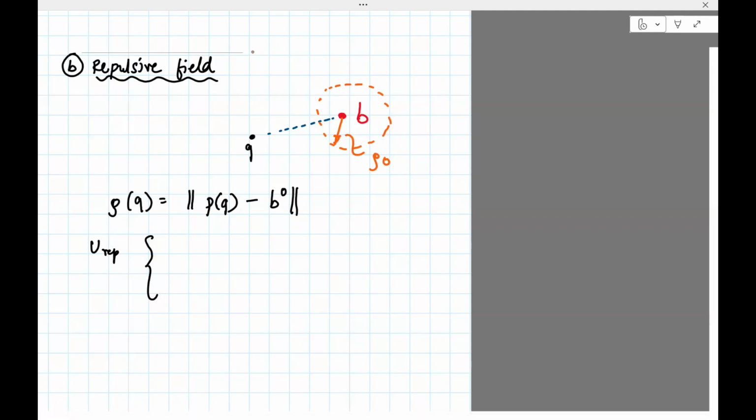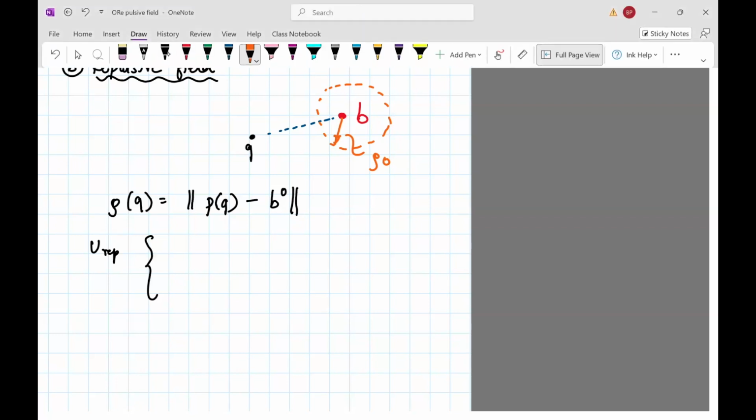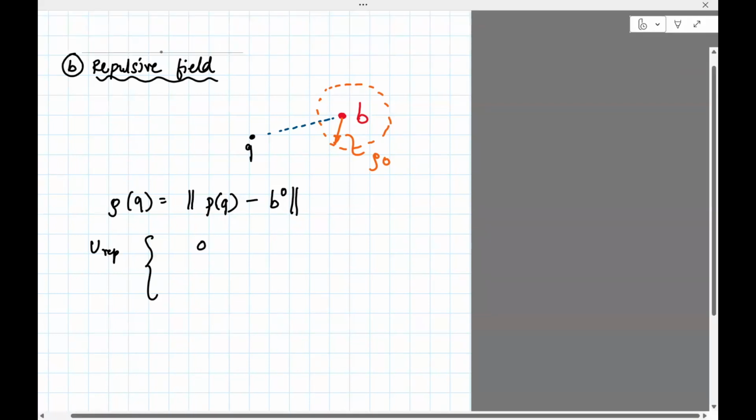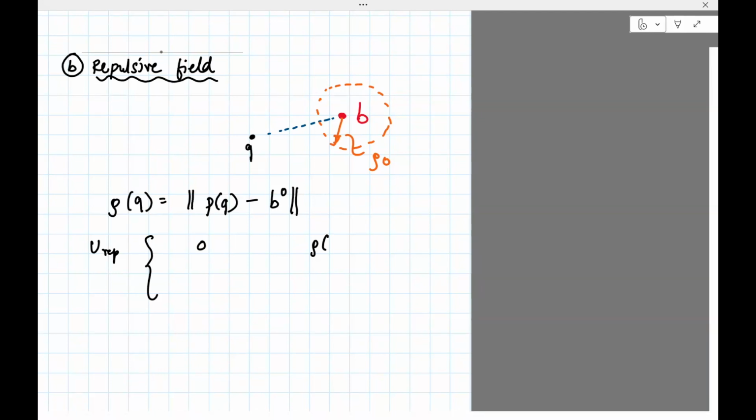If the robot is further away than rho 0, then the obstacle is not going to affect its motion, so we will not do anything. The repulsive field is 0 if rho of q is greater than rho 0.